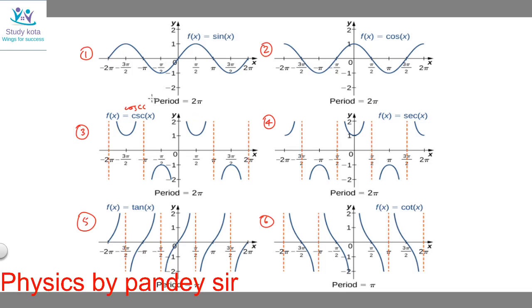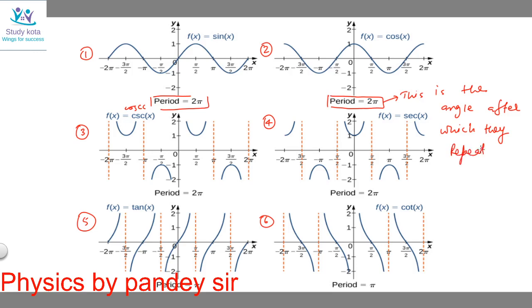But something is important here, like period is very important. What is the meaning of period? This is the angle after which they repeat their values.